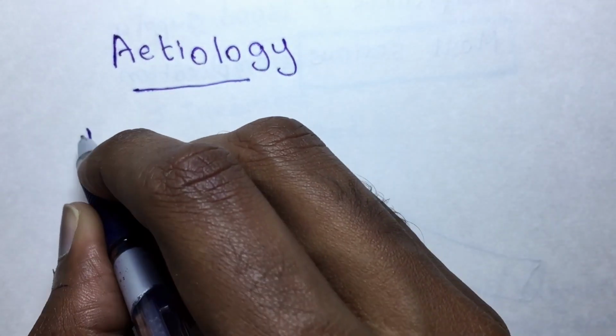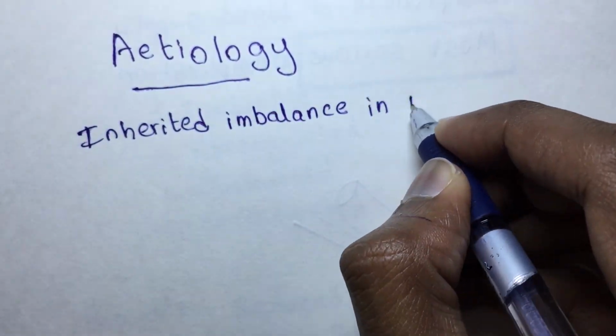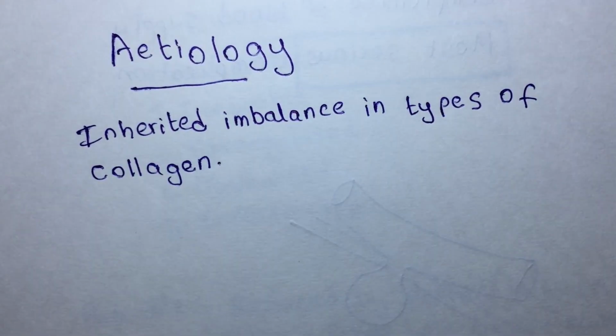The etiology of hernia. There is evidence that hernia occurs due to an inherited imbalance in types of collagen. For example, conditions like Marfan syndrome and Ehlers-Danlos syndromes. Smoking causes defective connective tissue metabolism, so hernias are common in smokers.